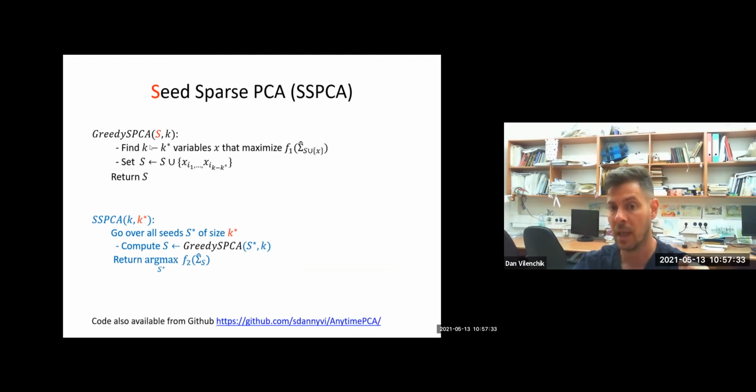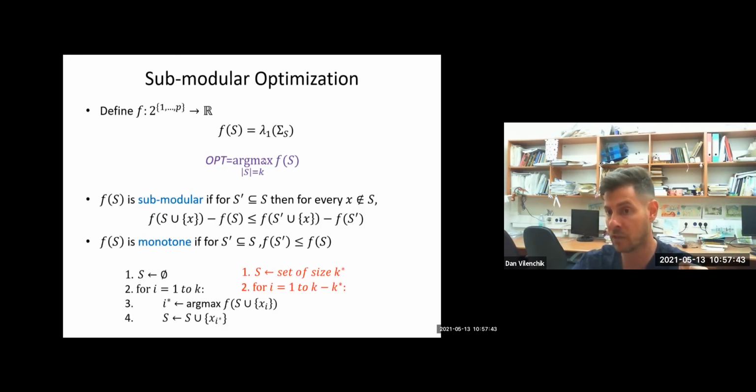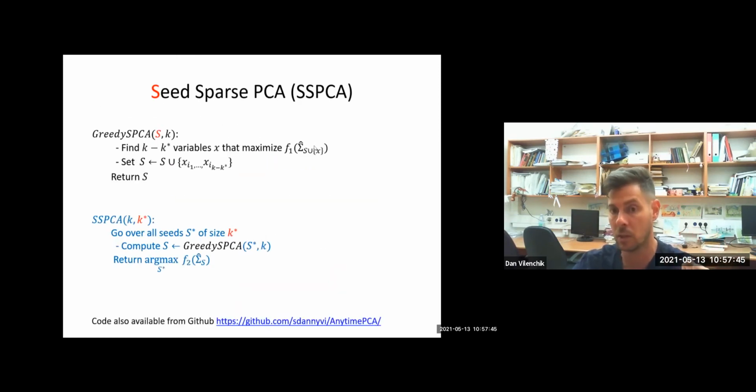It gets a seed, and then it completes the seed greedily to a suggested solution S by maximizing some function. Of course, the function could be this function or any other function that you want. But we wrap this greedy algorithm with an exhaustive search over all possible seeds of size k star.